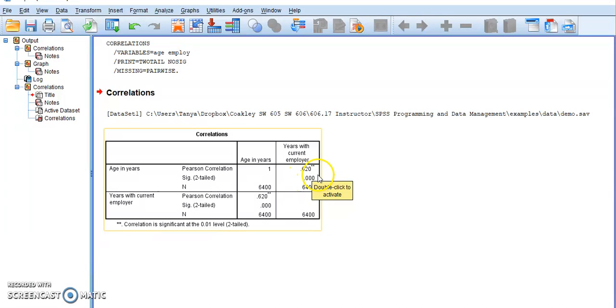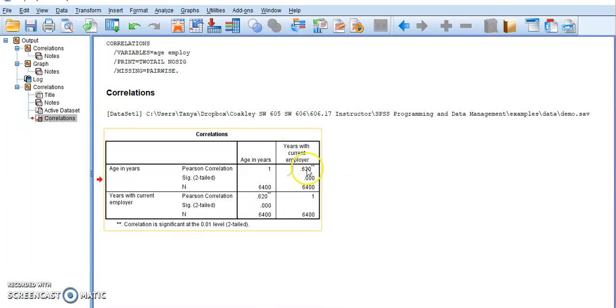If this number is 0.05 or less, then we can say we have support for our hypothesis of a positive relationship between age and years with current employer, that age will predict the number of years somebody is on their current job.